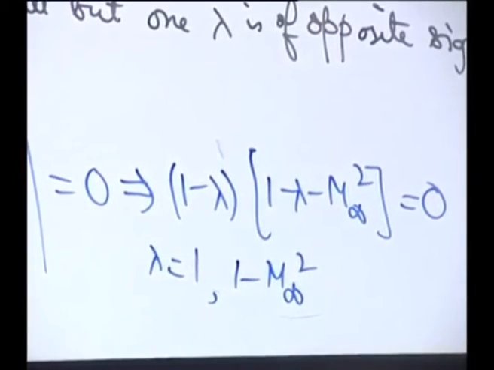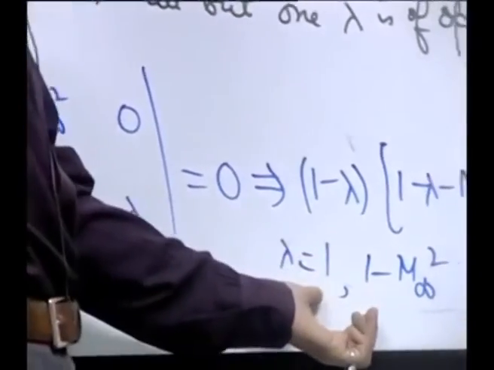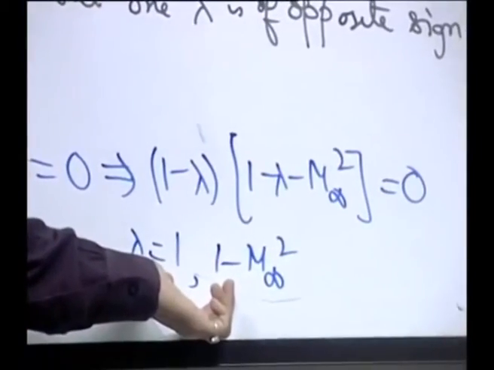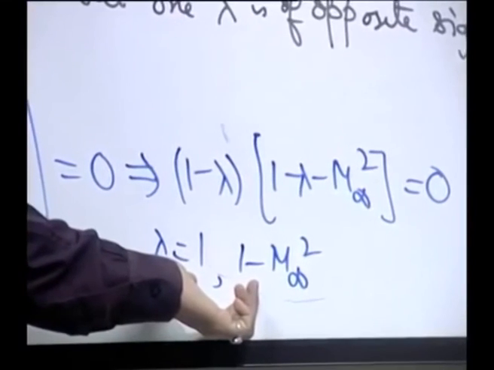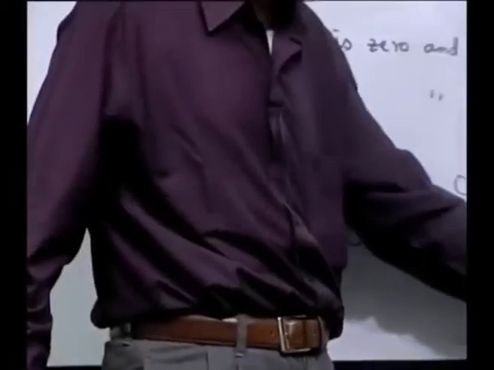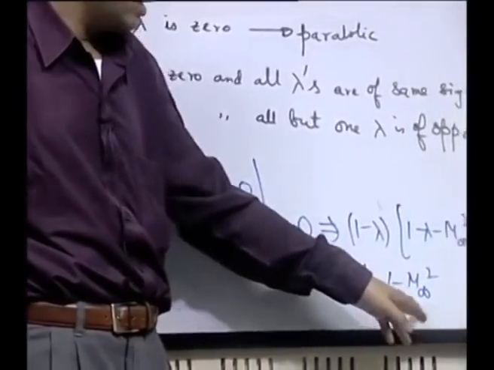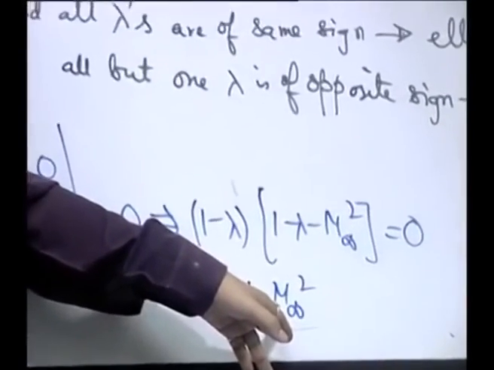When M infinity is less than 1, both are non-zero and of the same sign, so that is elliptic. Whereas if M infinity is greater than 1, one eigenvalue is positive and the other is negative, so it becomes hyperbolic.